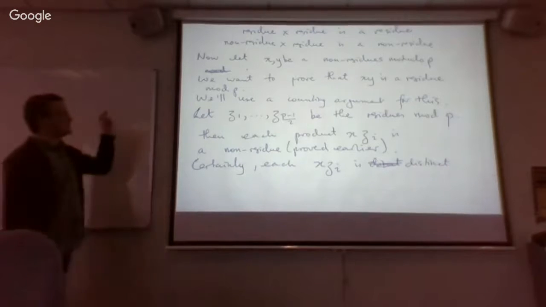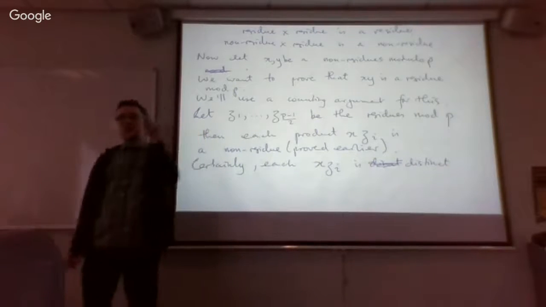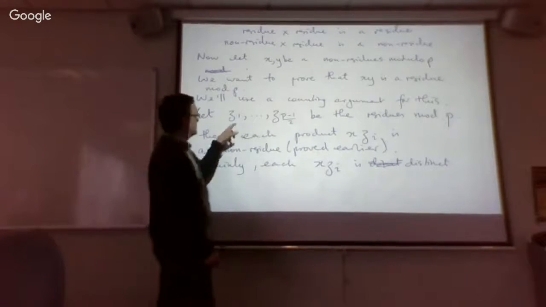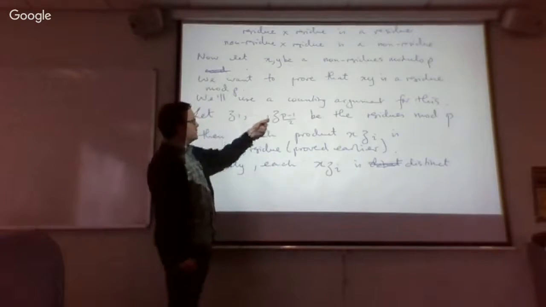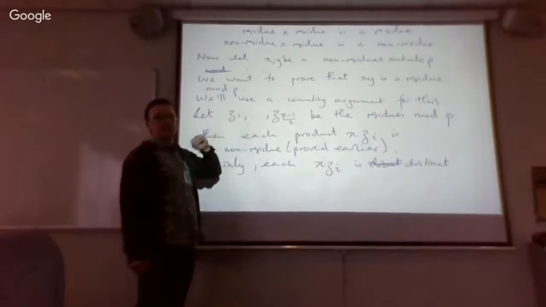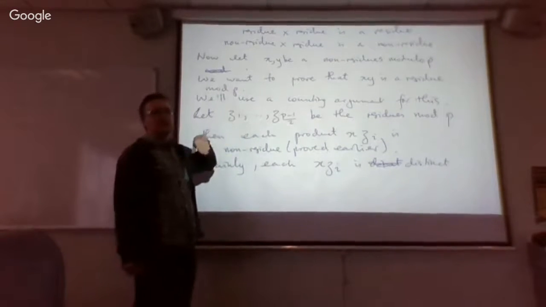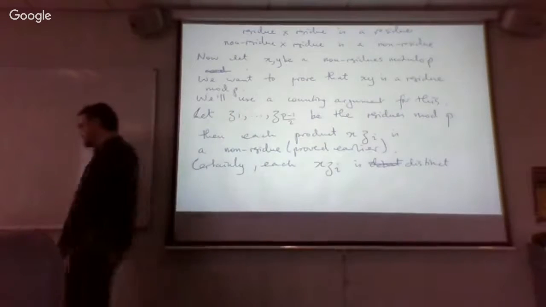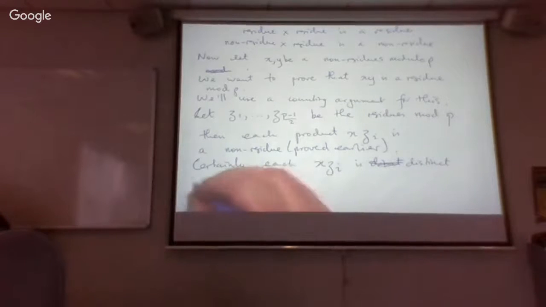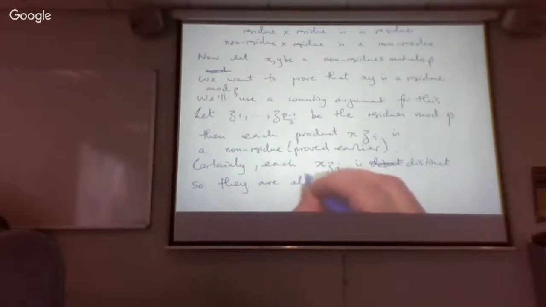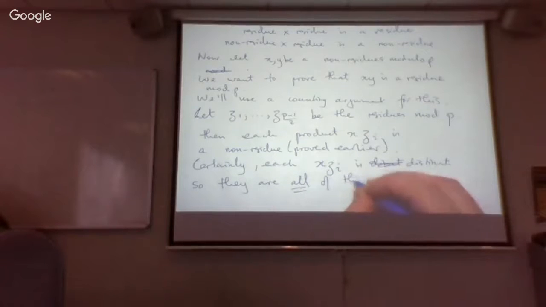Each x times zi is a unique element from all the other x times zi. When you multiply any pair of these residues by x, they can't give you the same product, because you can just cancel the x from both sides and then the pair would have to be the same. So each of these x times zi are distinct, so they are all of the non-residues.